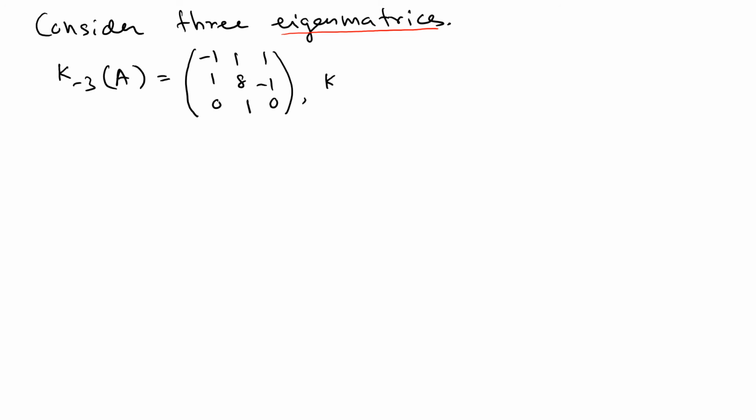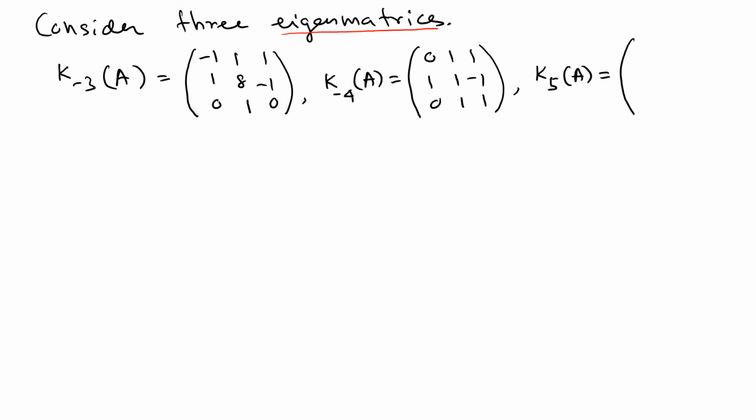The second one is kappa of negative 4, which is 0, 1, 0, 1, 1, 1, 1, negative 1, 1. And then the next one is kappa of 5, which is 1, 1, 0, 1, 0, 1, 1, negative 1, 2.